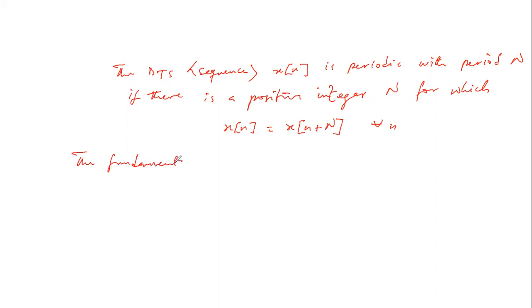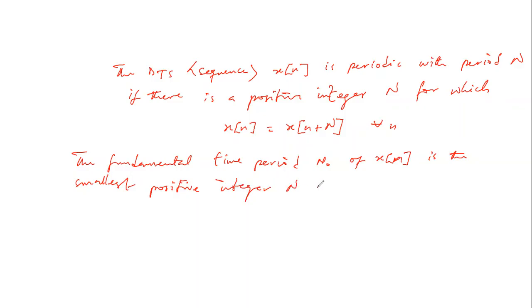such that the fundamental time period N naught of the sequence S of n is the smallest positive integer N for which the sequence is periodic, such that the fundamental frequency F naught is the same as 1 over N naught, okay?